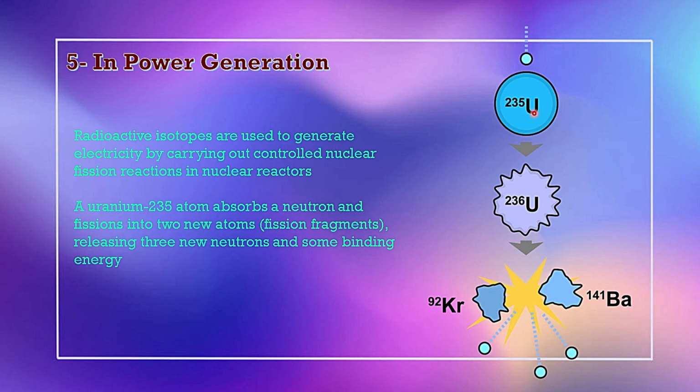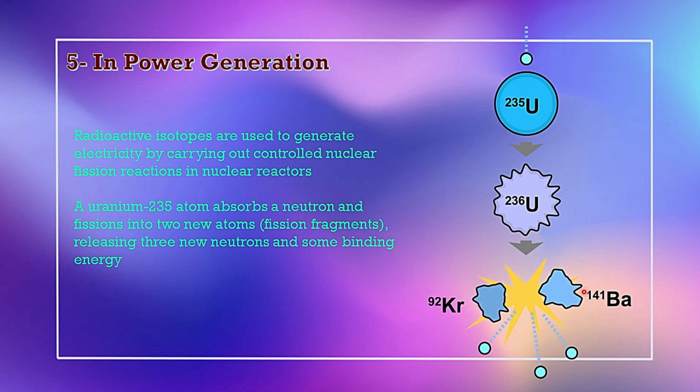This is an example of a nuclear fission reaction in which a uranium-235 atom absorbs a neutron, or in other words this uranium-235 is bombarded with a neutron. As a result, this nucleus becomes heavier. Its atomic mass becomes 236 and it will split into two nuclei.